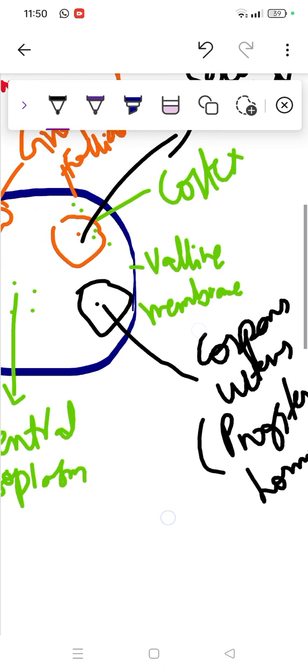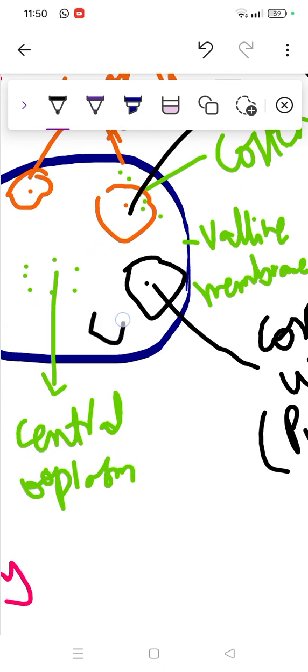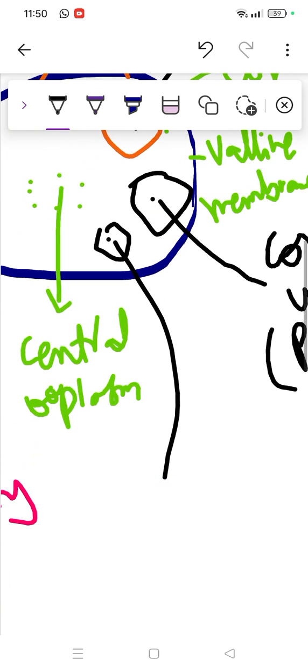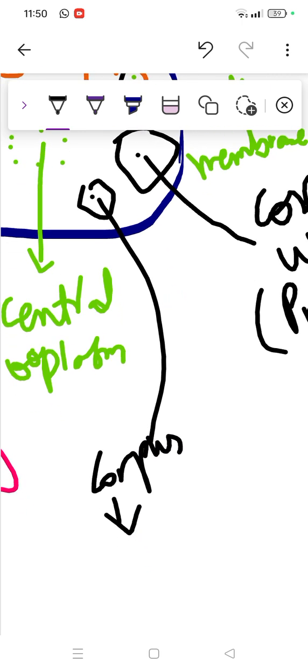Then after this part, you'll see another part over here, like a structure continued. This structure is going to be called the corpus luteum. If there's no fertilization, it will die, and it doesn't have a major function.